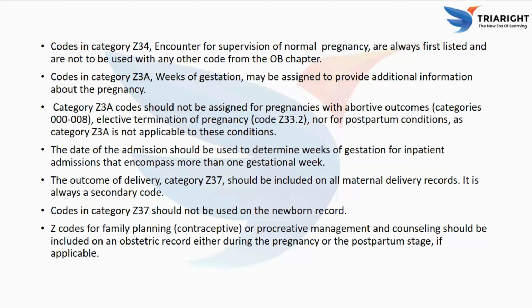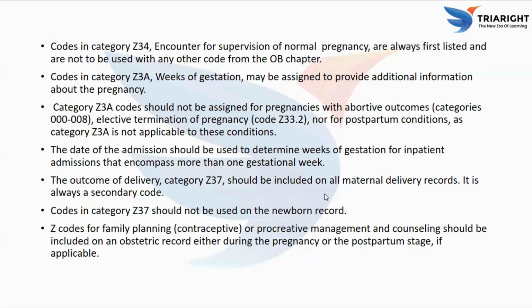When not to use Z3A codes: you should not assign Z3A if a pregnancy ended in abortion, O00 to O08. If the pregnancy ended in elective termination, Z33.2. Also not if there are any postpartum conditions. In case of inpatient, if the hospital stay covers more than one gestational week, you use the week at the time of admission, but not at the time of discharge.